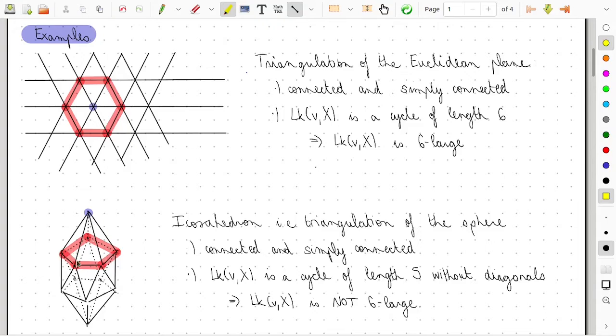So again, the link is this red subcomplex. This is flag, but the problem is that this is a cycle of length 5. And it doesn't have any diagonals. So this is not 6-large. So the icosahedron is not a systolic complex.